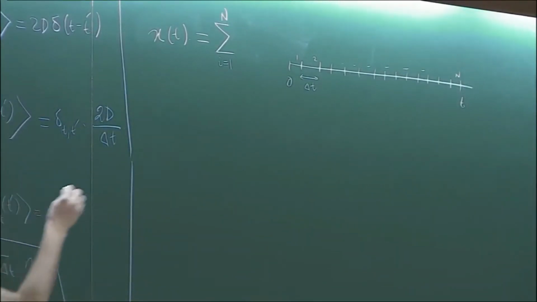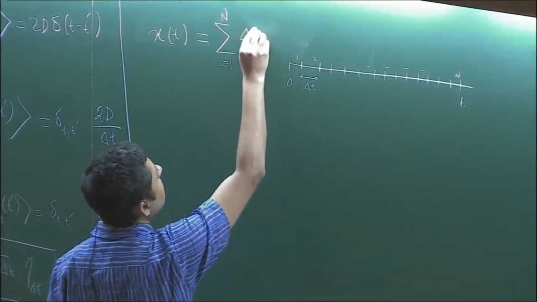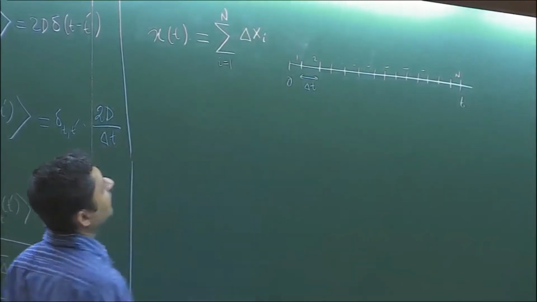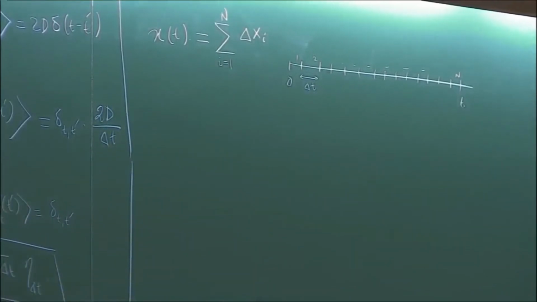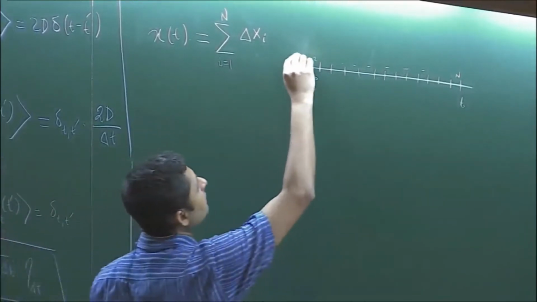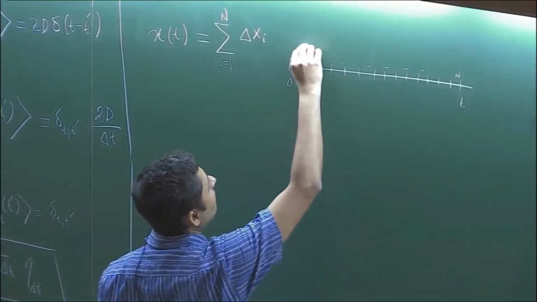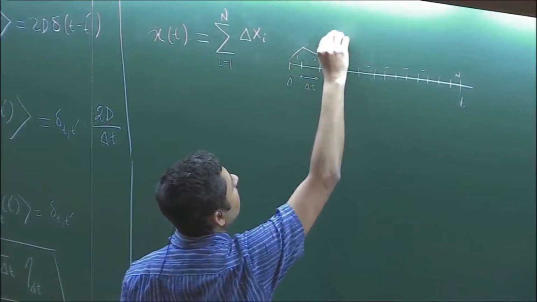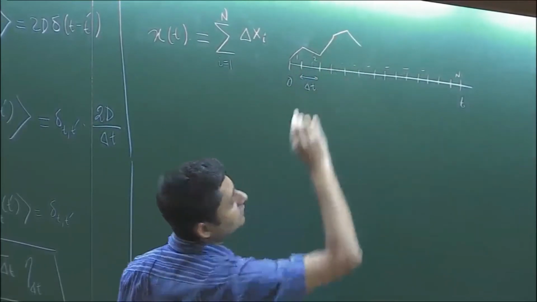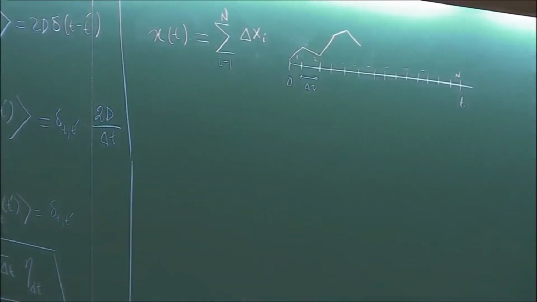Let's call the first one delta x1, then delta x2, delta x3, delta x4, and so on, delta xi.